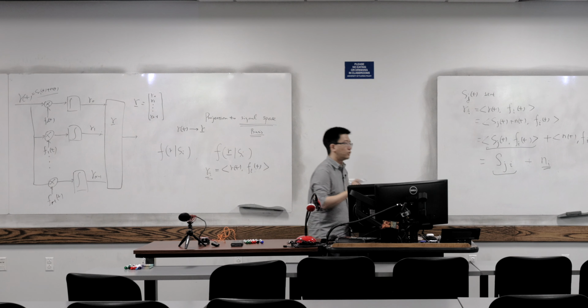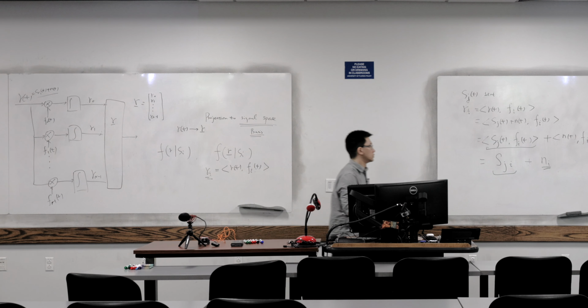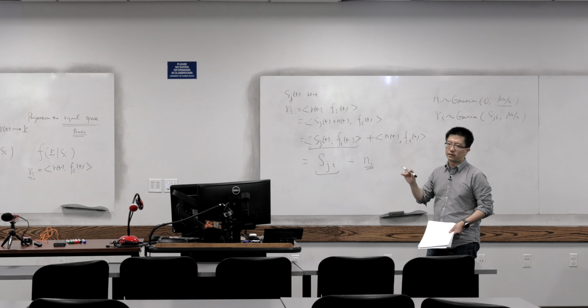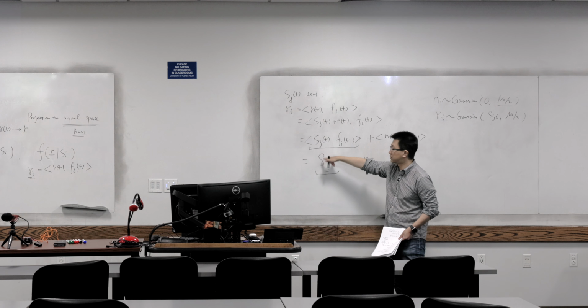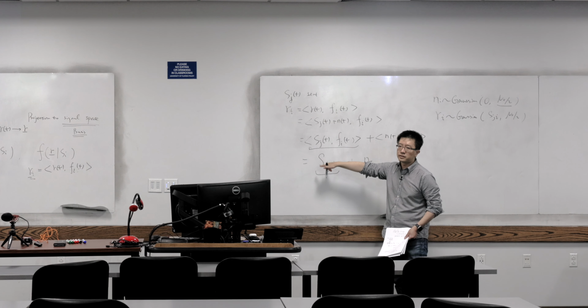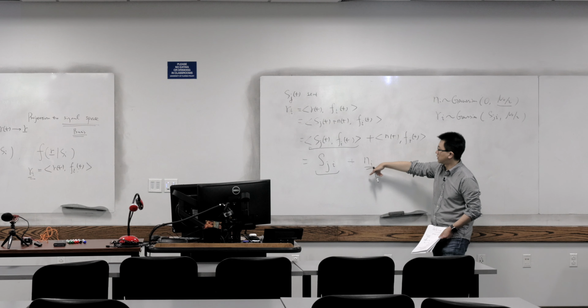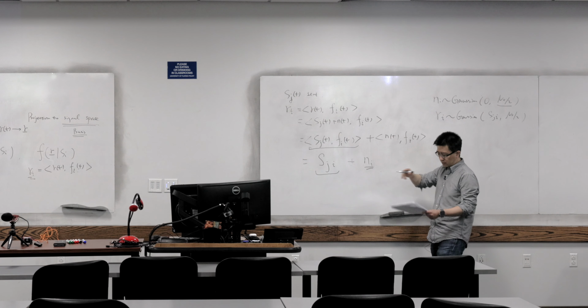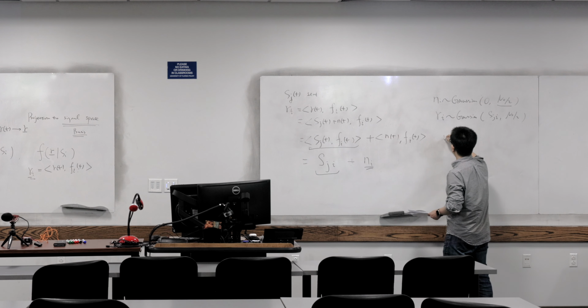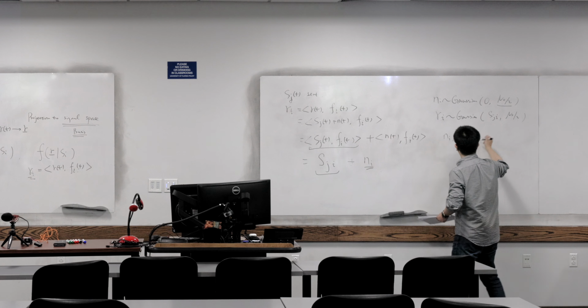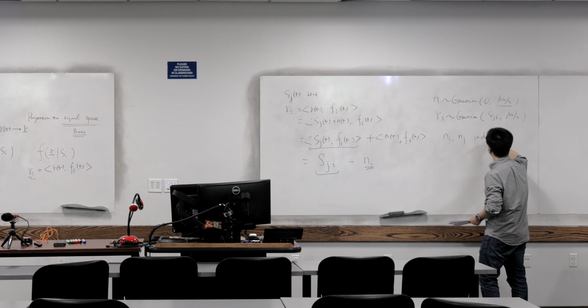So we want to see under what condition all the Ri's are independent. We know this part is deterministic, so equivalently, to make the Ri's independent, we need to make sure all the Ni's are independent. So what we want is for Ni and Nj to be independent.